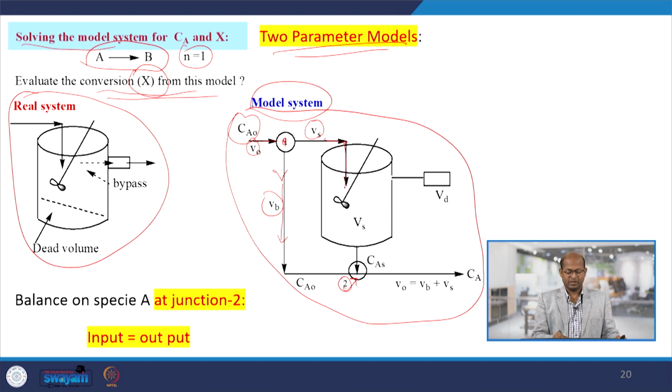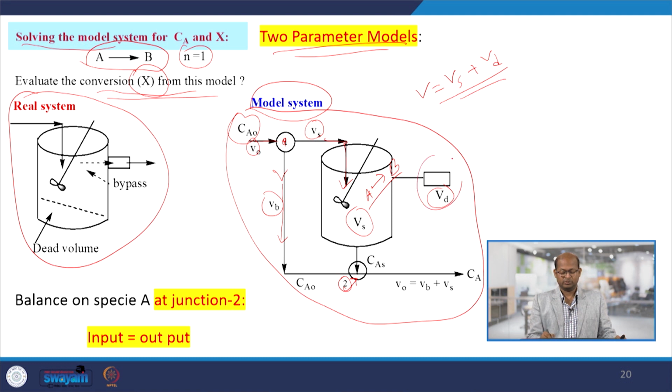Only once it passes through the reactor will the reaction take place; if it does not pass through the reactor, there would be no reaction. With the reactor's total volume V, the system volume is Vs, and Vd is the dead volume. We are also considering Vd amount of volume that does not take part in the reaction and remains dead. The dead volume is shown here, and this stream is bypassing.